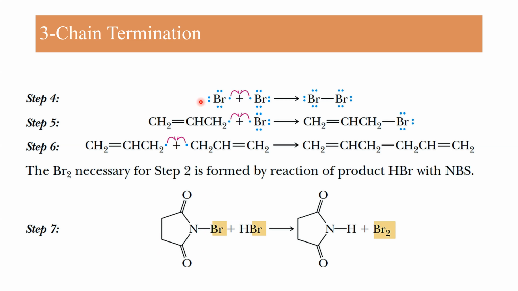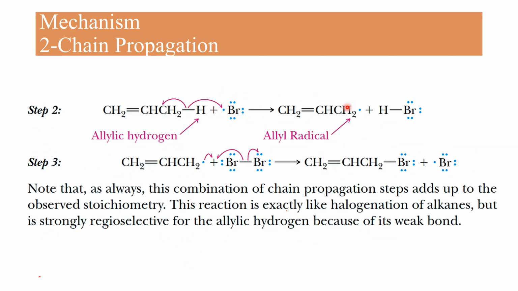When two Br radicals combine, they convert into Br2, right? So this neutral species is then instigated by this allyl radical to break its bond and become a part of it. Note that, as always, this combination of chain propagation steps adds up to the observed stoichiometry.